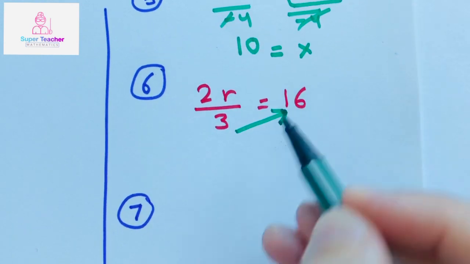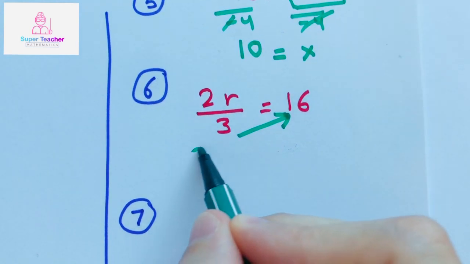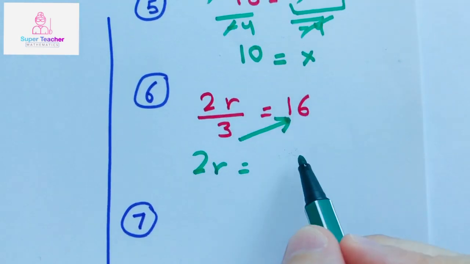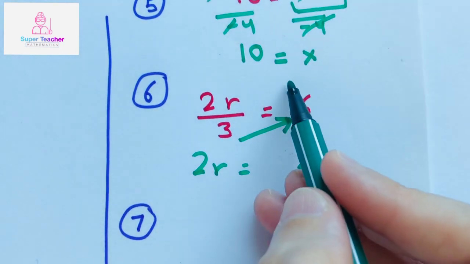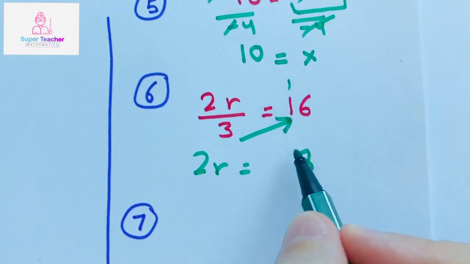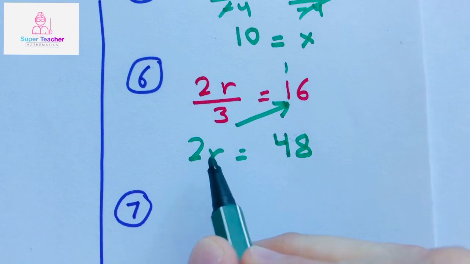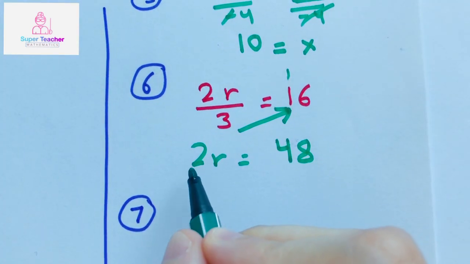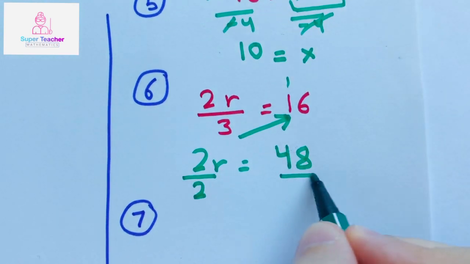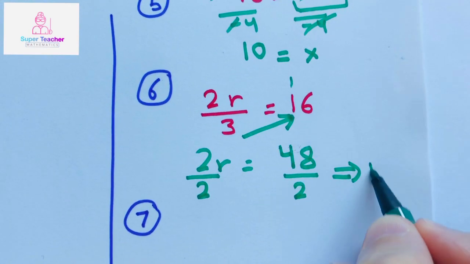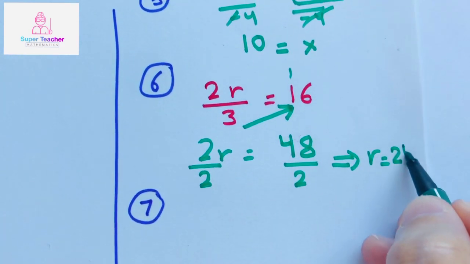Yes, multiply by 3. So I'm going to multiply this number by 3. But what is left for me? 2r equals 3 times 16. 3 times 6 equals 18, 3 times 1 is 3 and 1 is 4. Okay. Now, the next step, I'm going to divide by what? By 2. Yes, because it's multiplication, so I will divide. So r equals 48 divided by 2, which is 24.